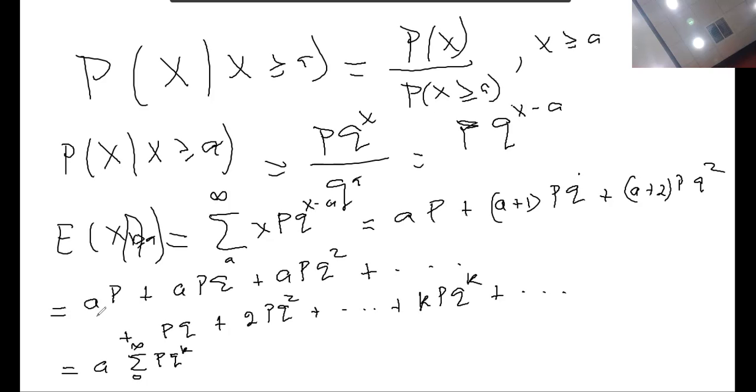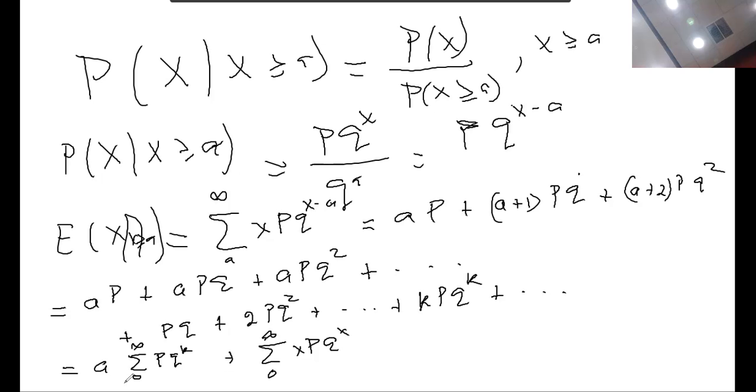The first part, aP plus aPq plus aPq squared, we can write it like this. The second, we can write it like the sum of x P q to the x from 0 to infinity. You will see the solution and you complete it from here.